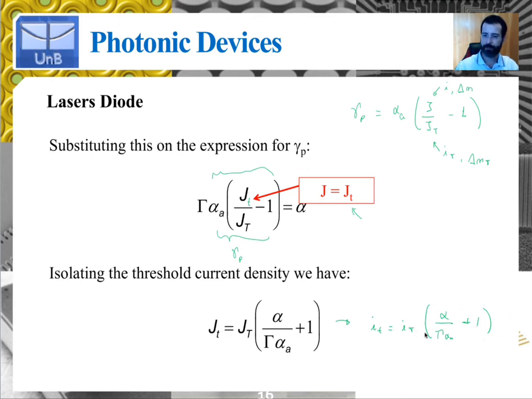And this term, in most cases, for most lasers, will result in the 1.1 that we have discussed. So that's why we've said that usually the threshold current, or the threshold current density, is equal to the transparency current, or current density, multiplied by 1.1, right?